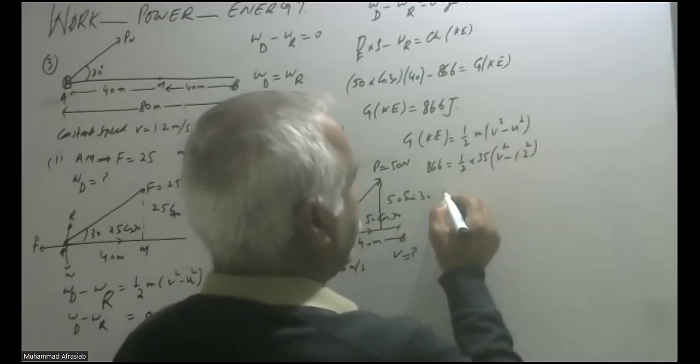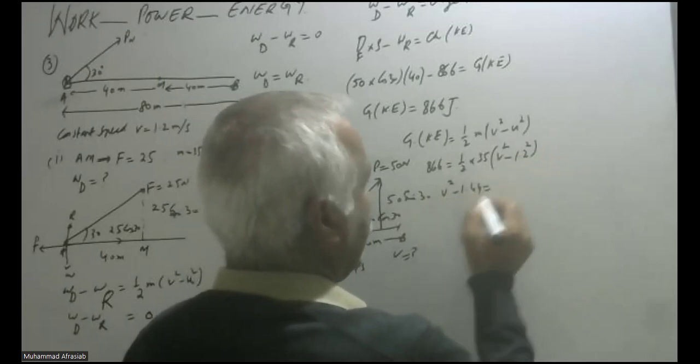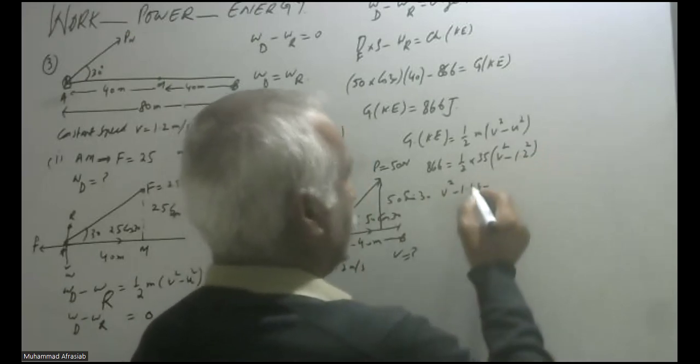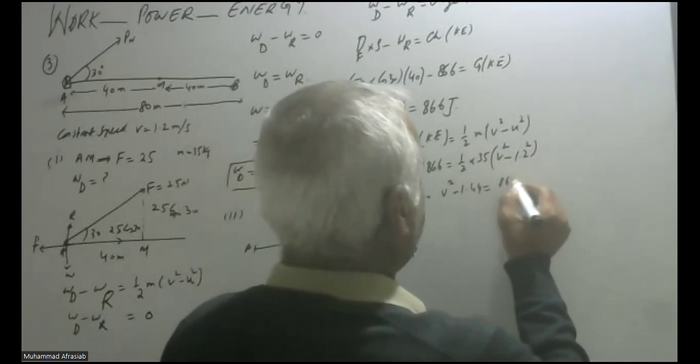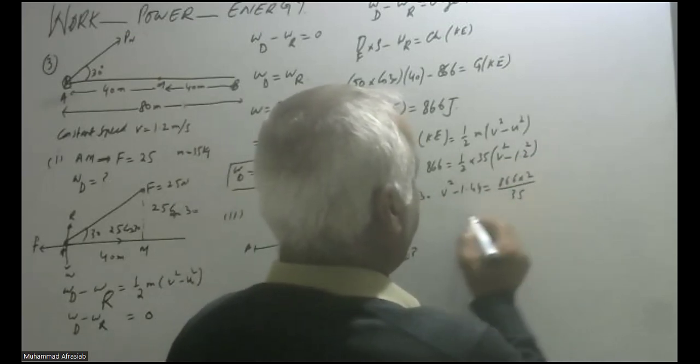So v square minus 1.44 is equal to 866 times 2 divided by 35.